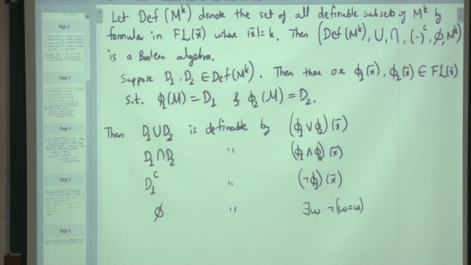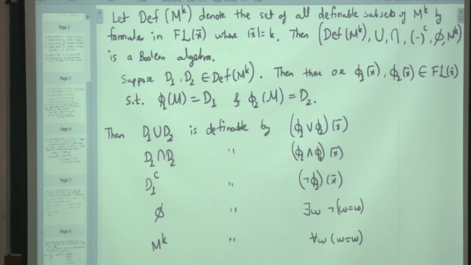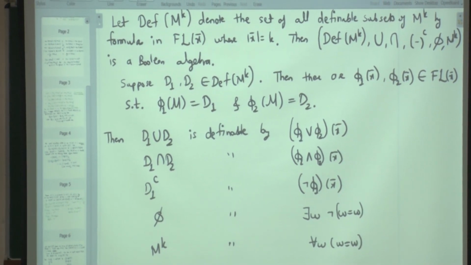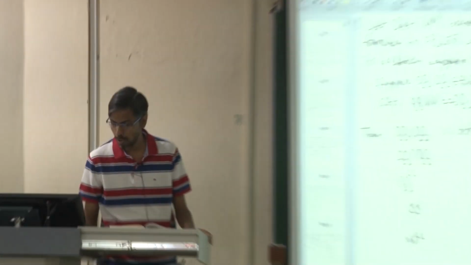This will always work no matter whether x bar is empty or not. And the full set is definable by for all w, w equal to w. This will define everything. So this is a Boolean algebra. Have I convinced you? Now look at the last slide.